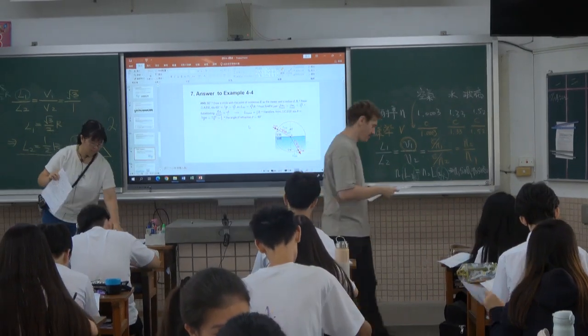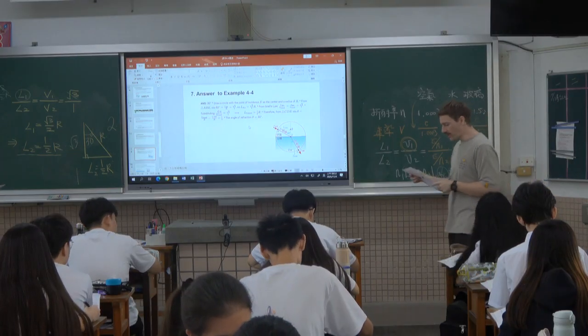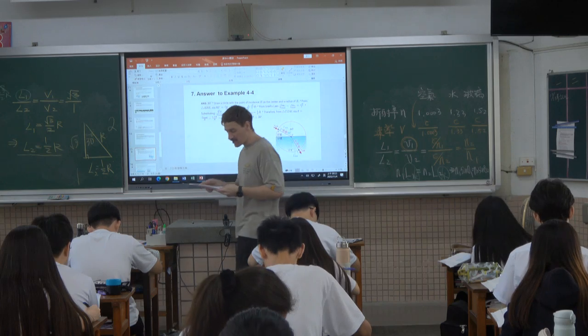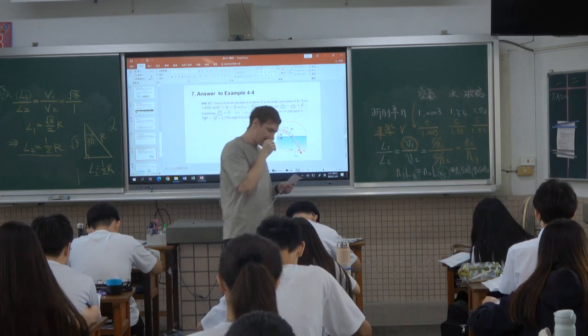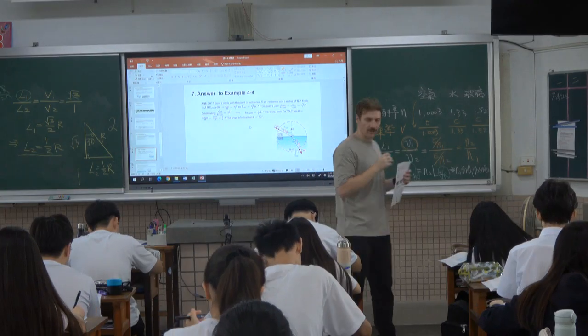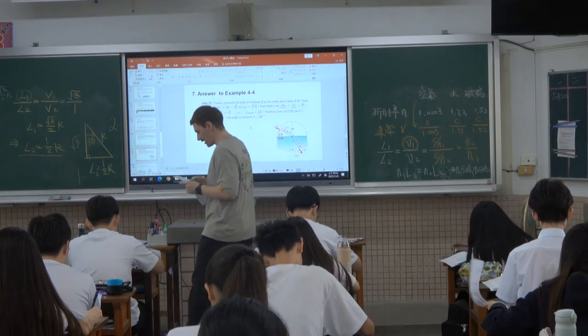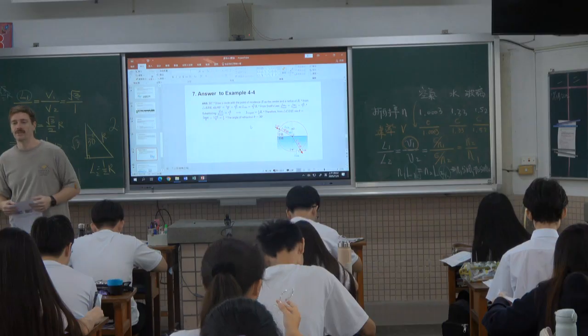Okay, let's go through the answers. So, we'll do 1 to 7 together, and then I want to hear your designs for number 8. Okay, number 1. The English scientist, who's the English scientist? Newton, proposed that light consists of tiny particles called what?